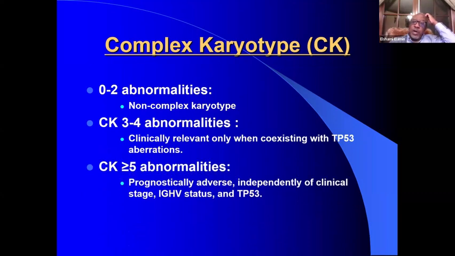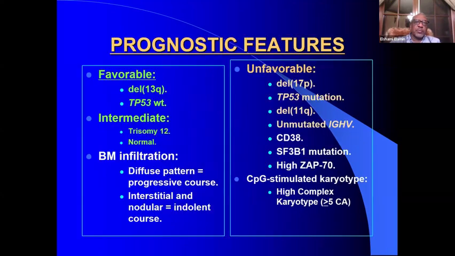But 5 or more abnormalities, which is complex karyotype, is considered prognostically adverse independently of clinical stage, IGHV status, or TP53. So if you do the cytogenetics and find 5 or more abnormalities, that is considered a poor prognostic factor regardless of other features. So these are the prognostic features of CLL.